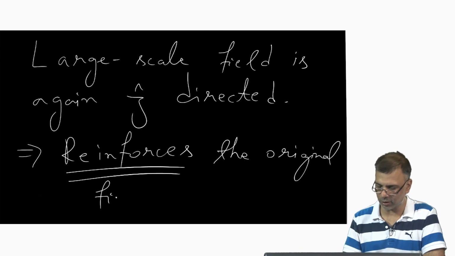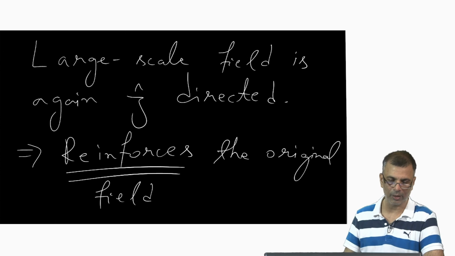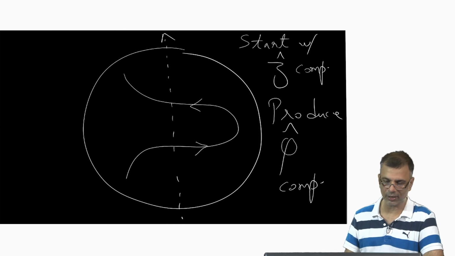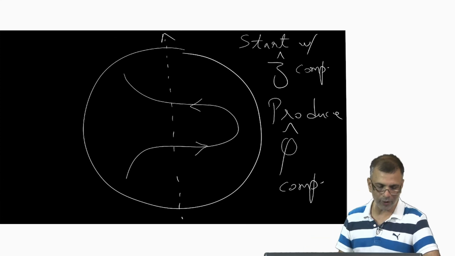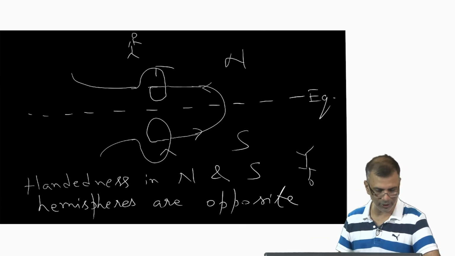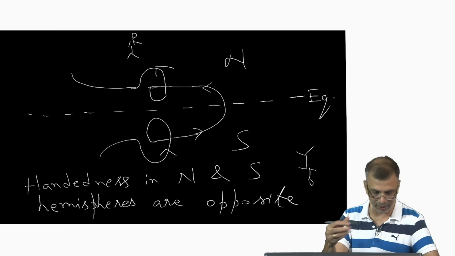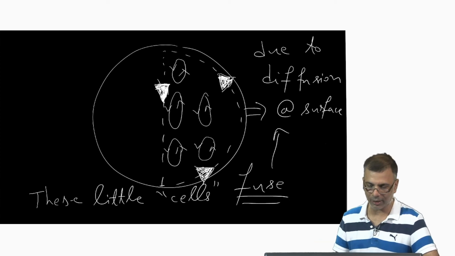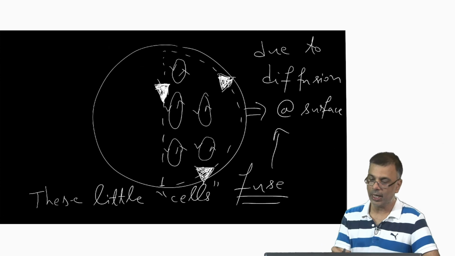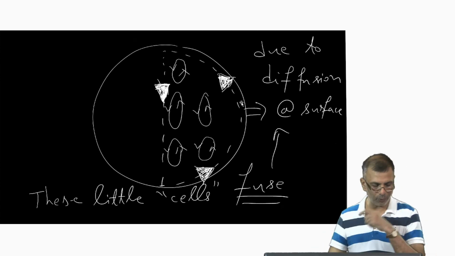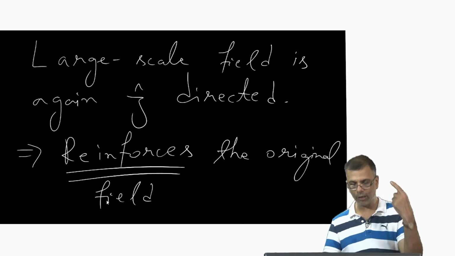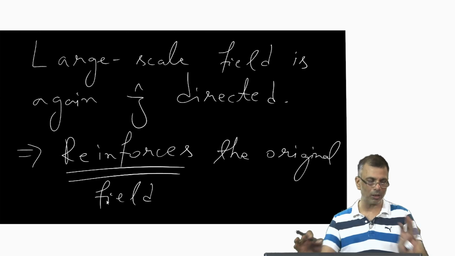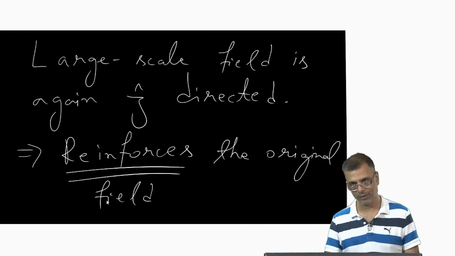It reinforces the field that we started with. We started out with a large scale z directed field. We generated a phi component, and from the phi component we twisted the phi component appropriately in a certain manner, and we let these little convective cells fuse, and in fusing they produce a large scale field which adds to the original large scale field. It reinforces the original large scale field, and so our cycle is kind of complete now.